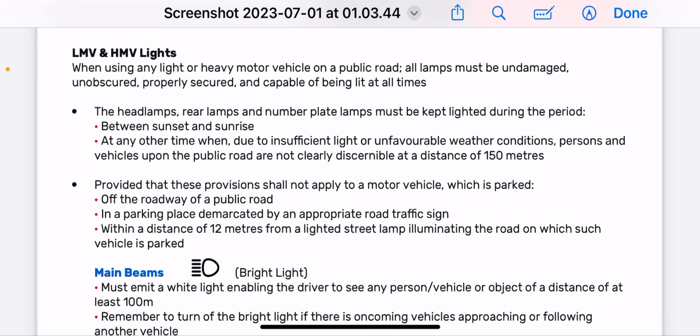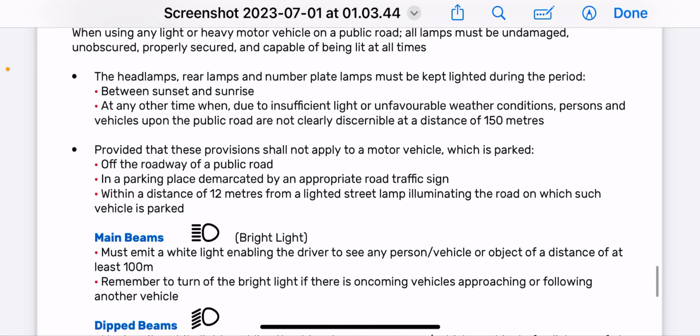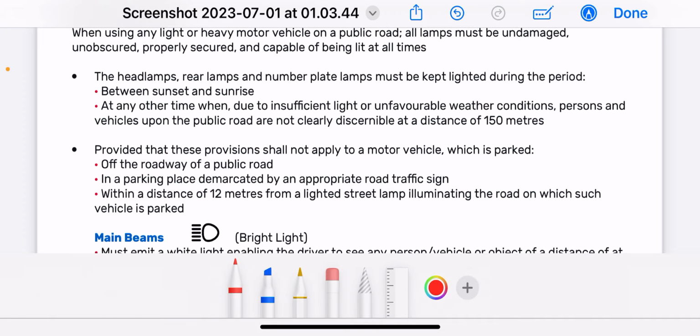Point number 1: the headlamps, rear lamps, and number plate lamps must be kept lit during the period between sunset and sunrise. Sunset and sunrise, they mean night condition.